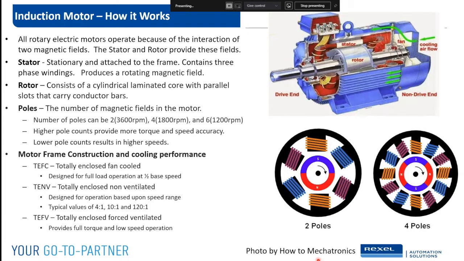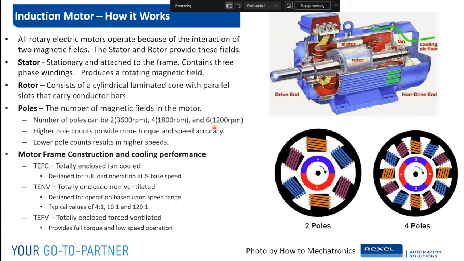There's a north and a south pole. We only have 2 poles. That'll have the highest speed, but the lowest torque. If you look at the 4-pole, now we have 4 poles. It runs at 1800 RPM and gives us a blend between speed and torque. The 6-pole motor has the greatest torque for an application, but it runs the slowest, and that's 1200 RPM.